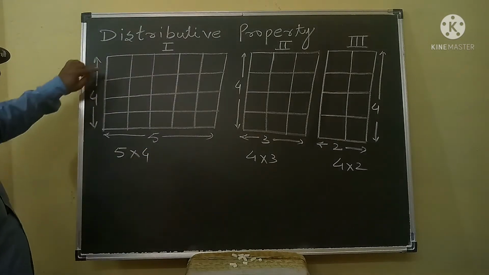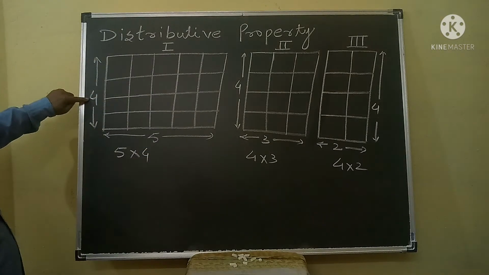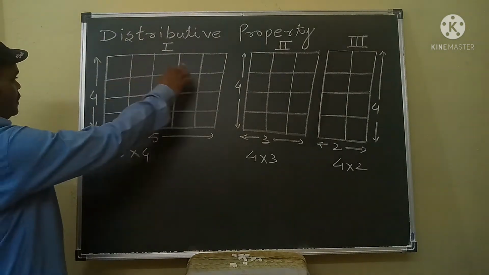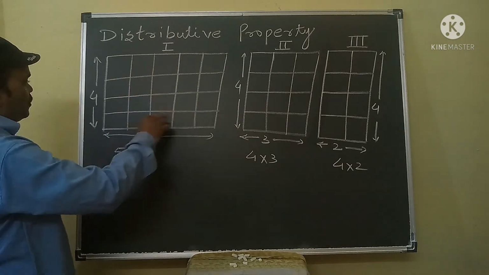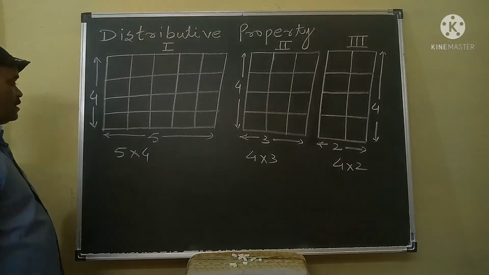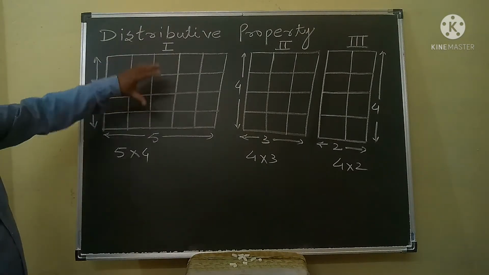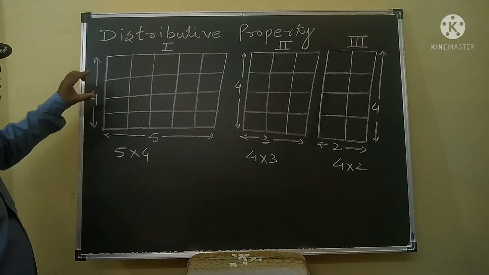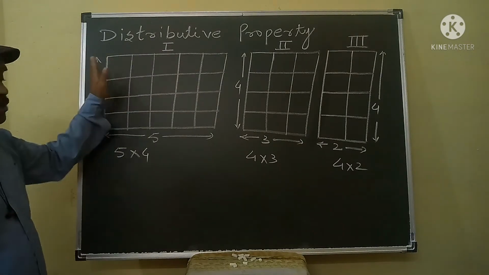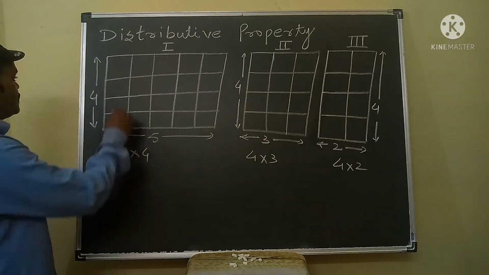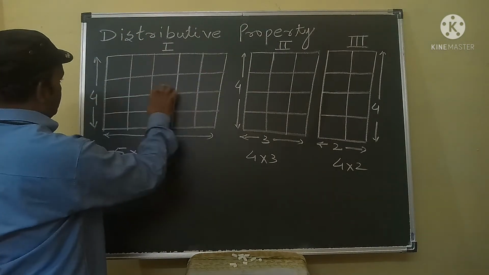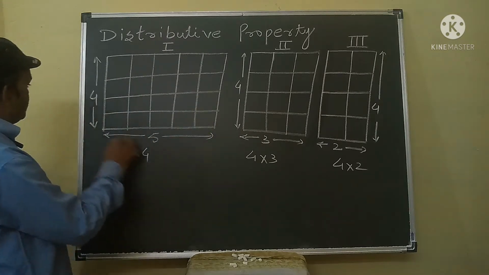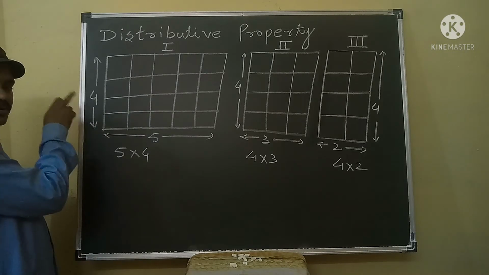So there are 4 lines, and I wrote 4 here.